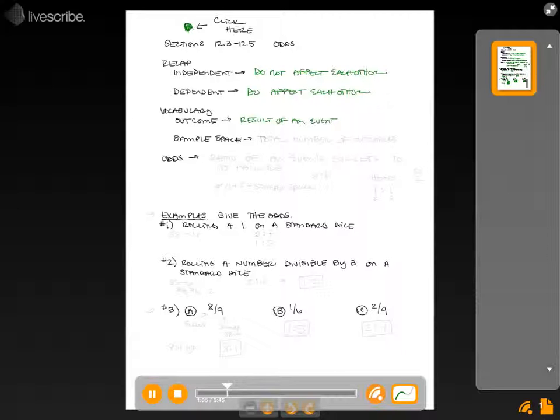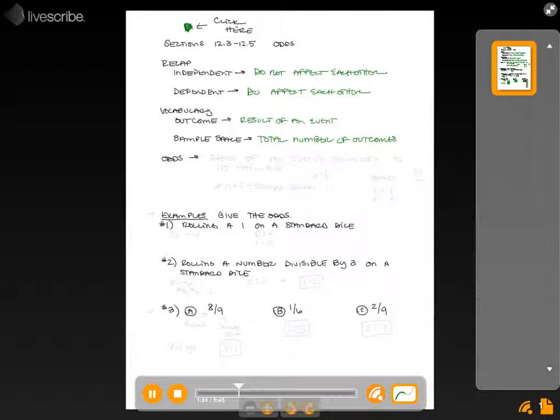Sample space is the total number of outcomes. So if I'm rolling a dice, I have 6 possibilities. So the sample space would be 6, and my outcome, if I got a 5, I'd have one option to get that 5, okay?